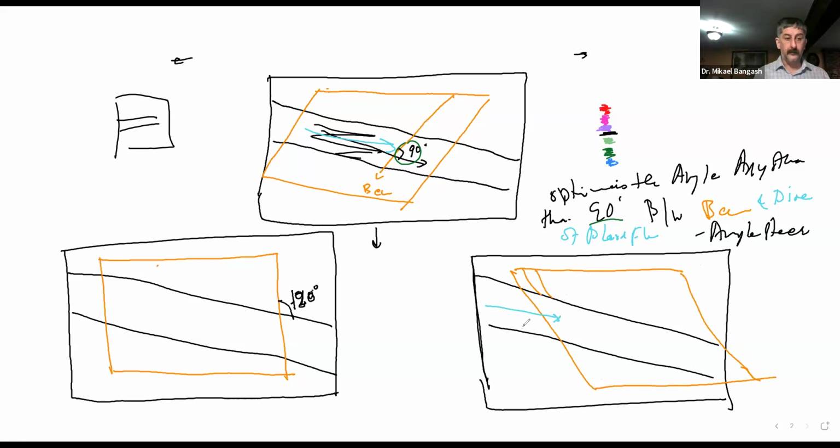But then we may still have some sort of color in the blood vessel. Did you guys get that?